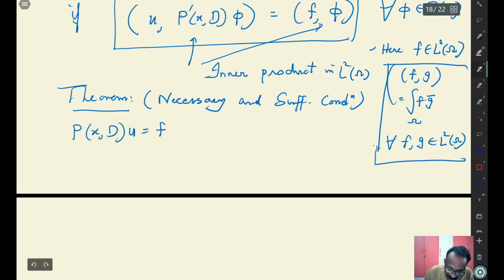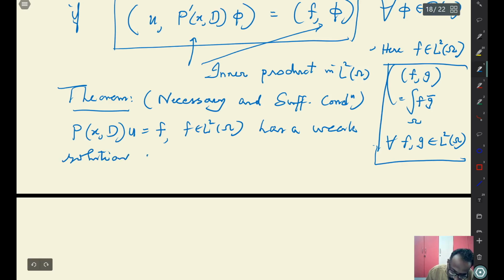Of course, you start with f in L2 of omega. It has a weak solution u in L2 of omega if and only if there is an estimate.